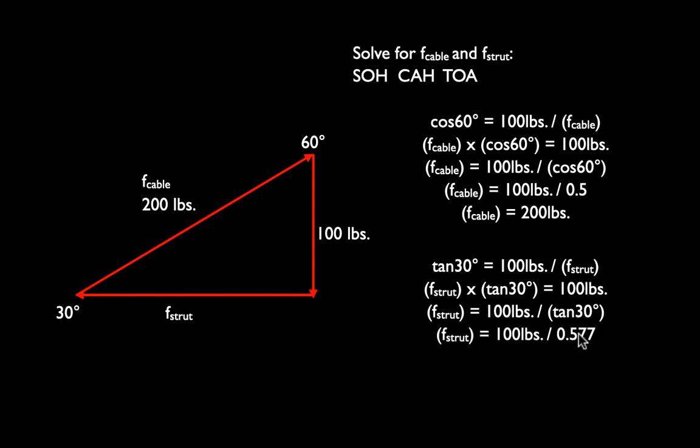Tan 30 is 0.577. And when we divide 100 by 0.577, note that again, we get a force within the strut that's actually greater than the load we're putting on the free body, right? So that shallow angle has had a big impact on both the cable and the strut. And we have internal stresses that are actually greater than the external load that we're putting onto the free body.